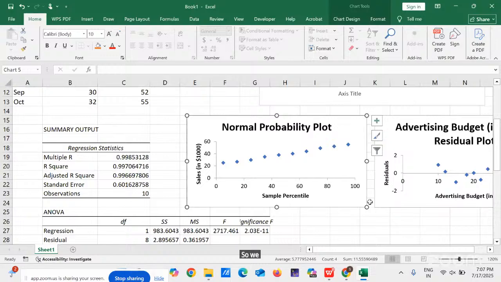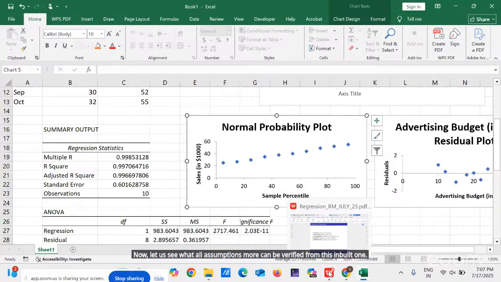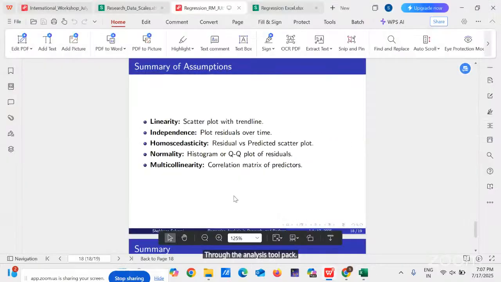So we can move towards the next step now. Now let us see what all assumptions more can be verified from this inbuilt one. To the analysis tool pack, we could get the plot of residual versus predicted value.